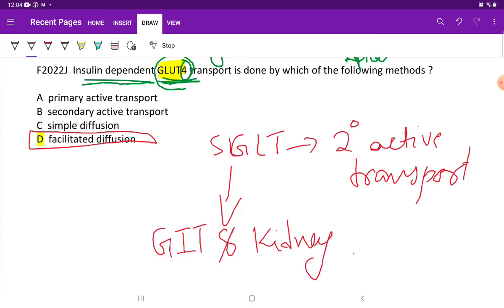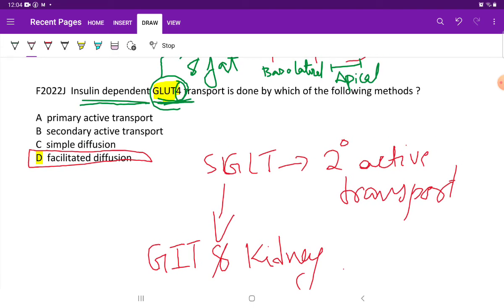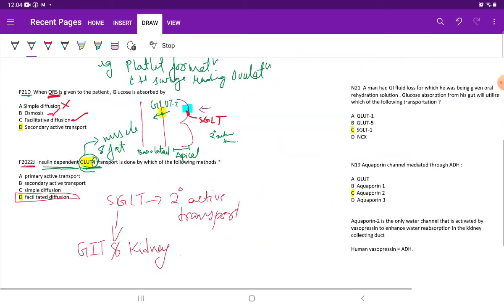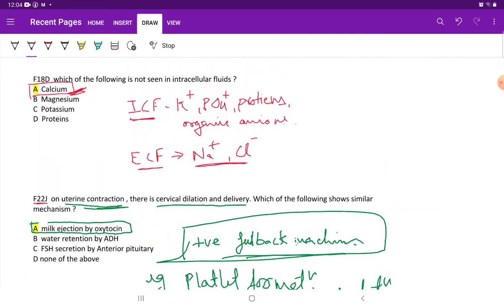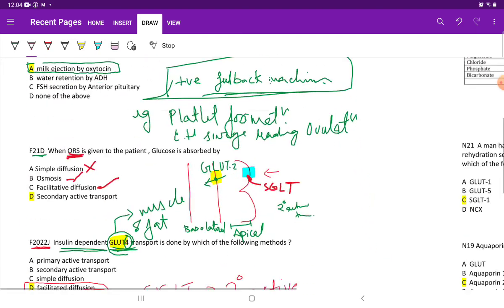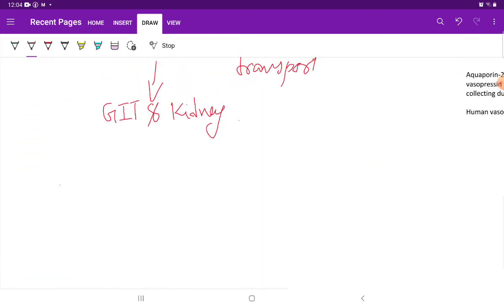This particular question was asked in the recent previous FMGE examination itself. So these were the questions which predominantly came from general physiology.